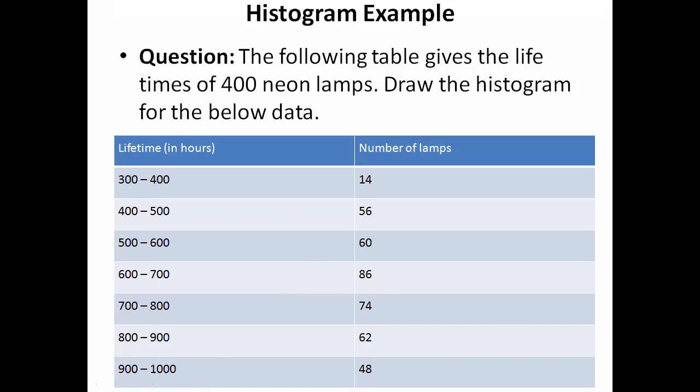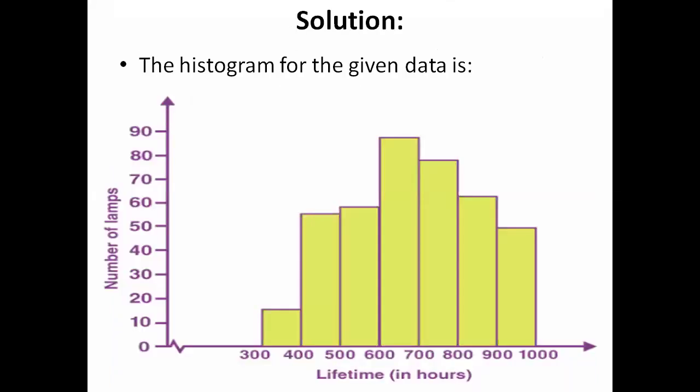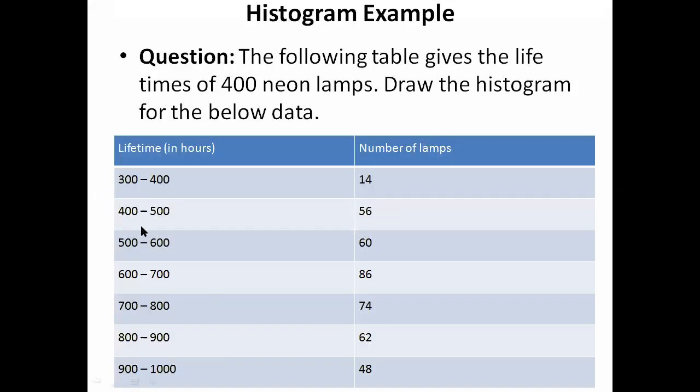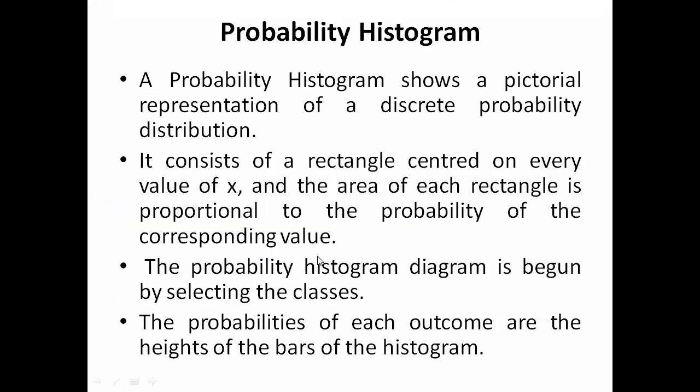So when we plot the histogram graph, how are we going to do it? This is the solution. The histogram for the given data has number of lamps against lifetime in hours. Here, 300 to 400: how many lamps? 14.